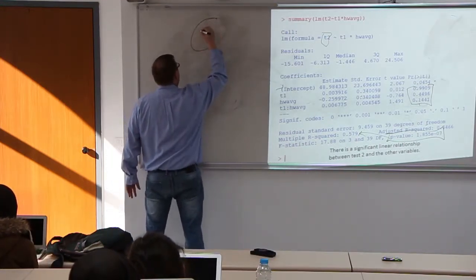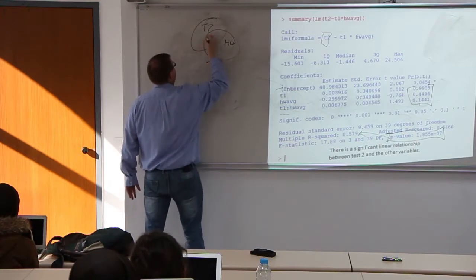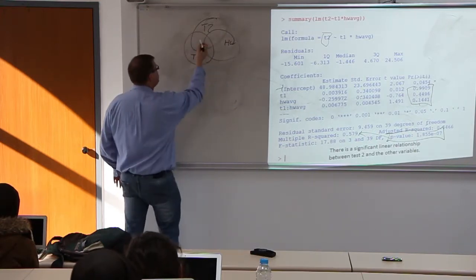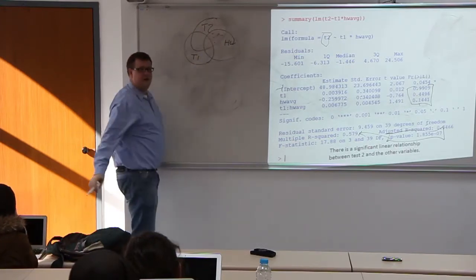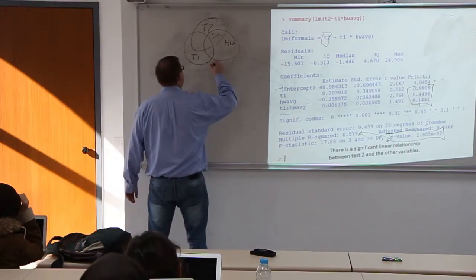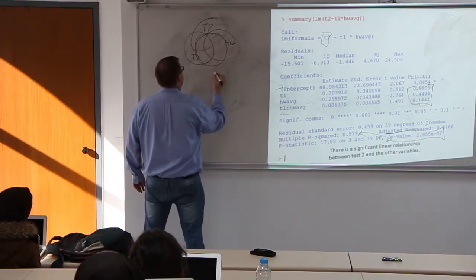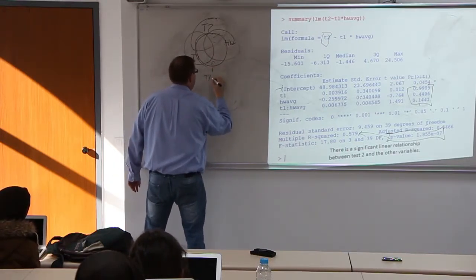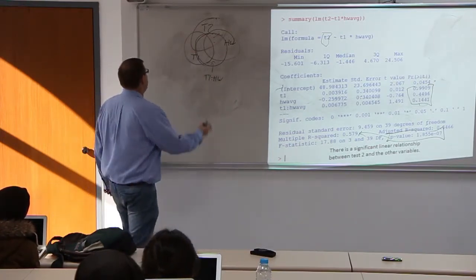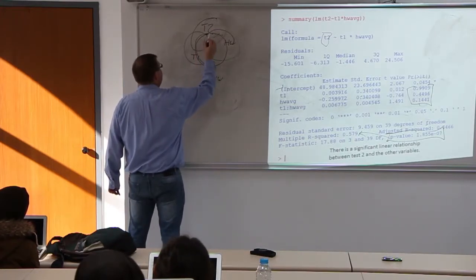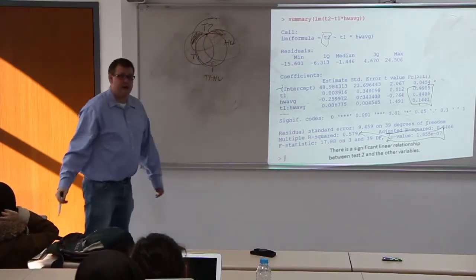We have test 2, homework, and test 1, and each by themselves accounts for a lot of what's left over. But now we threw in something else: our test 1 by homework interaction. And this only accounts for a little bit of the variance by itself, and this accounts for less, and this accounts for less.